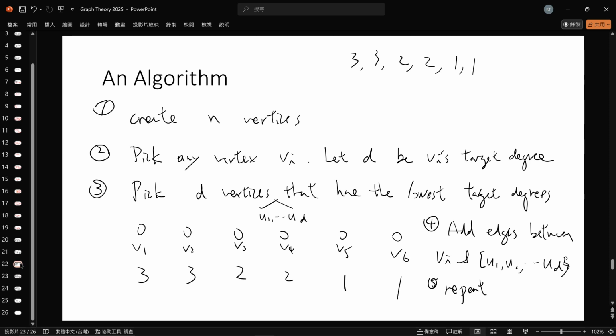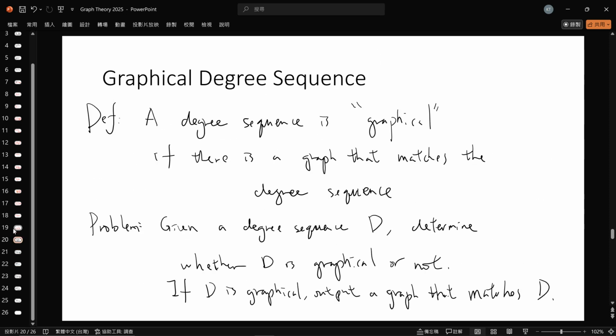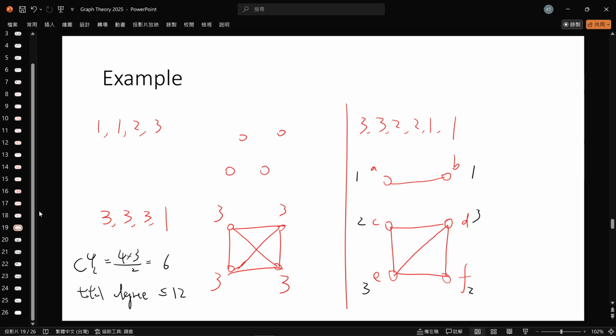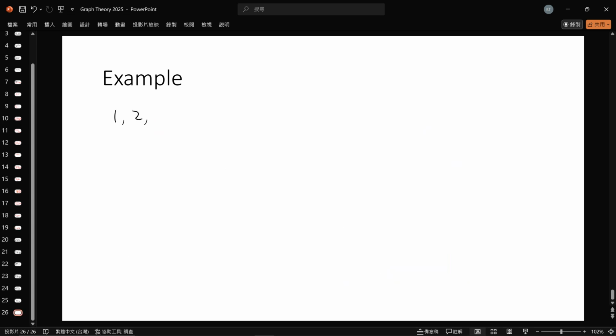Okay, so more examples. This time let's try 1, 1, 2, 3. Again, let's pick V1. So we need to find one neighbor.